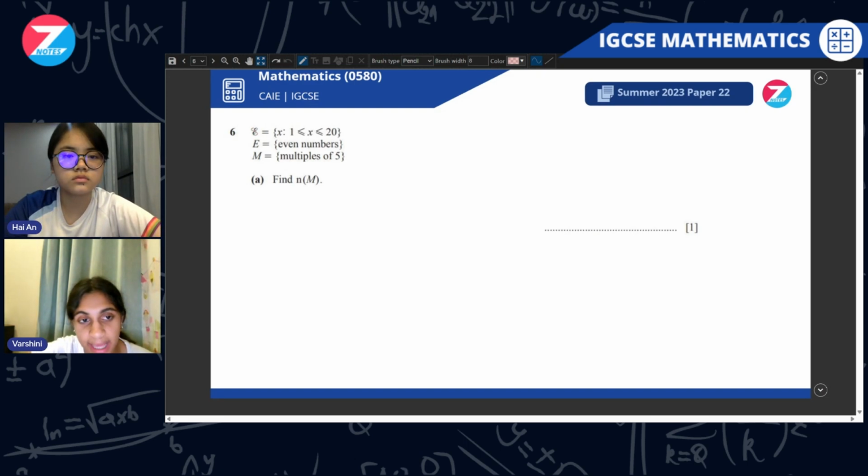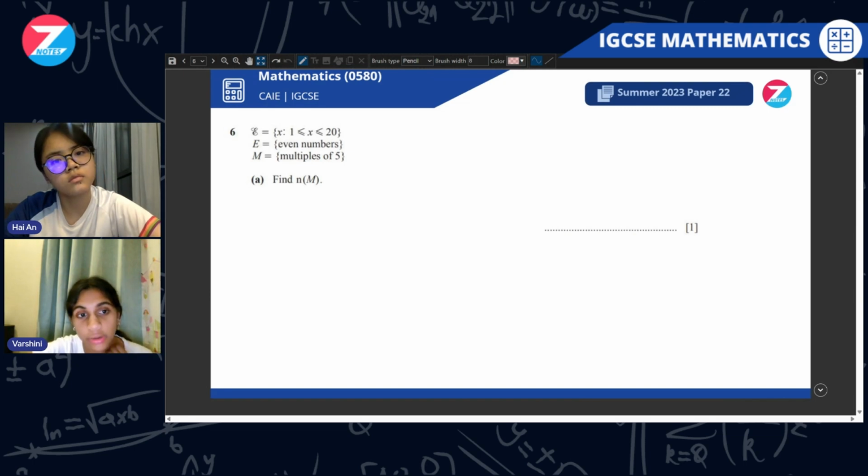So this is the set of x where x goes from 1 to 20, and 1 and 20 are both included, and there's one part which is E, even numbers, and M, which is multiples of 5. They want us to find the number of elements in just M.